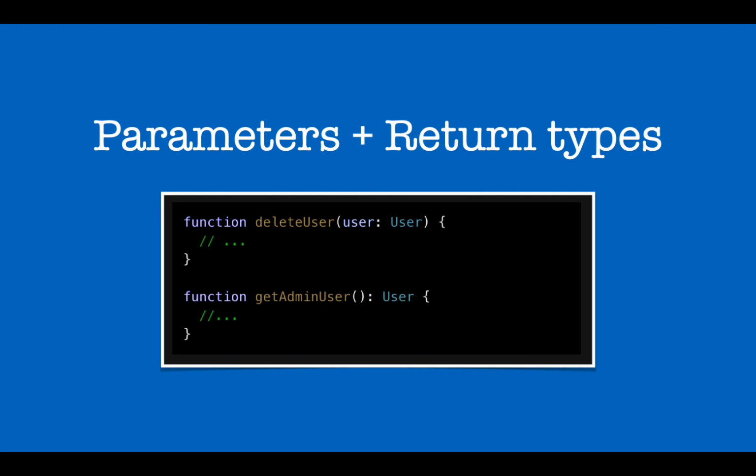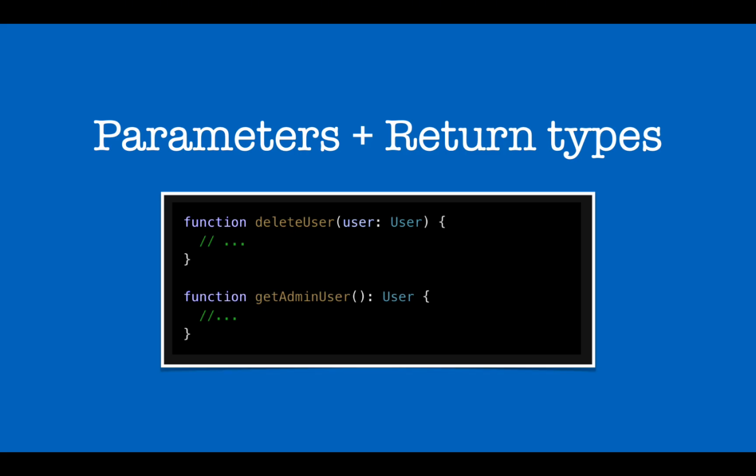In that second function, getAdminUser, you'll notice that the colon comes after the name of the function: getAdminUser, open parentheses, close parentheses, colon. That signifies the return type of this function. When we run the getAdminUser function, it's going to return a User object.